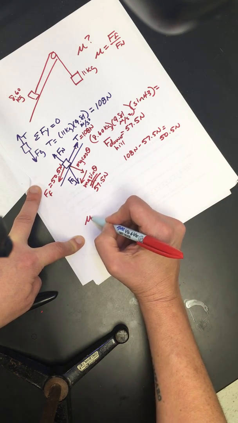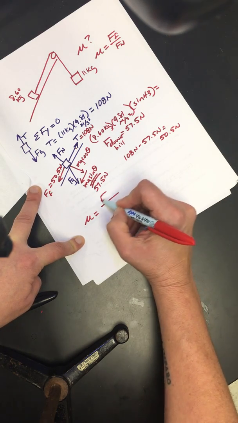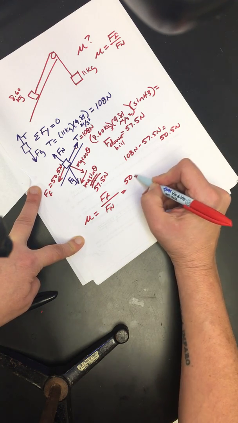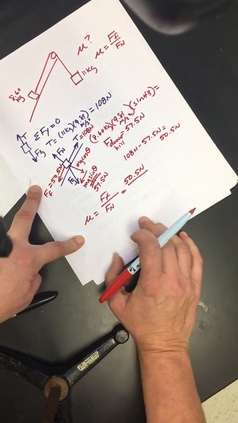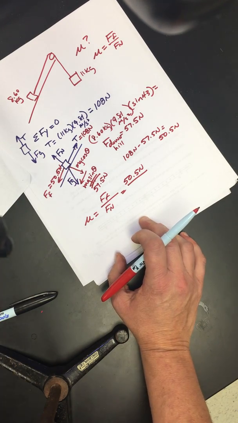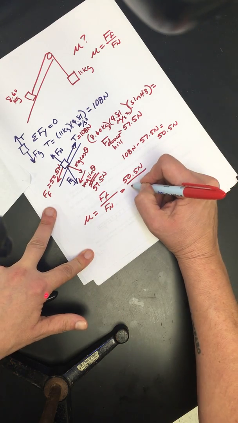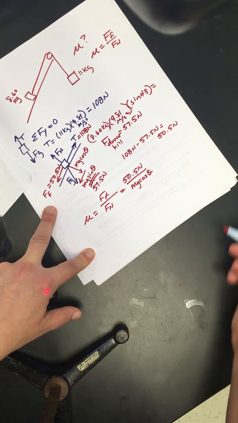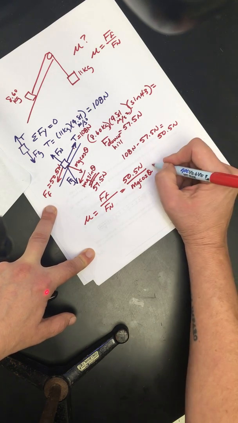So if I need mu to be the force of friction over the normal force, well, I know the force of friction. It's 50.5 newtons. Normal force is equal and opposite to mg cosine theta. It always is, unless you got your rope at an angle or something weird, but we don't. Okay, so mg cosine theta.